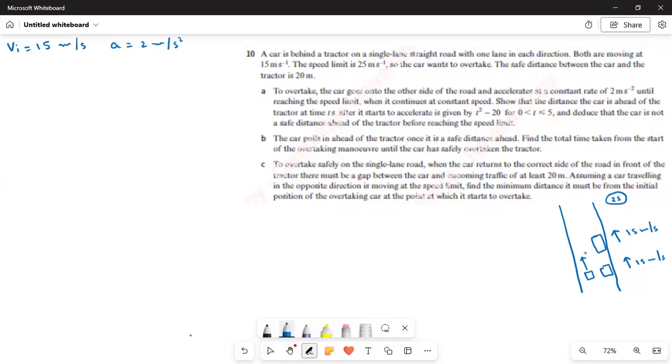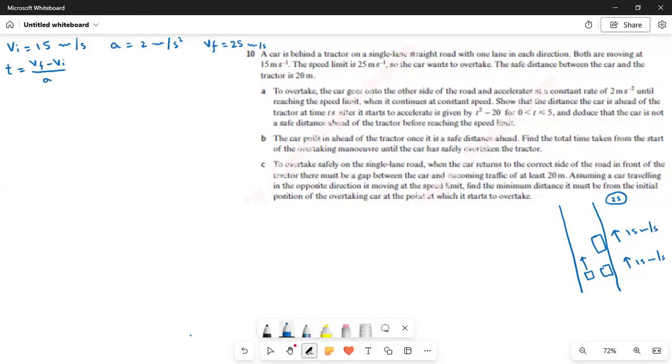Okay, it accelerates until it reaches the speed limit, and then it stays constant. The speed remains constant. So I would like to see how long it was accelerating. We know that the final speed of this car is 25 meter per second because this is the speed limit. So let's quickly calculate the time it will take. So time is Vf minus Vi over a.